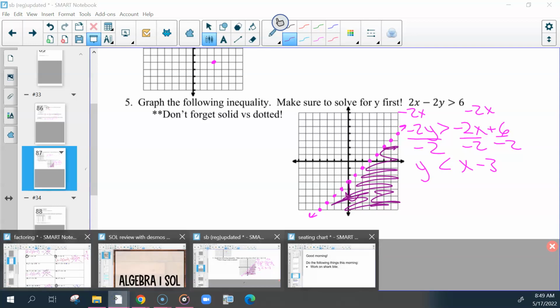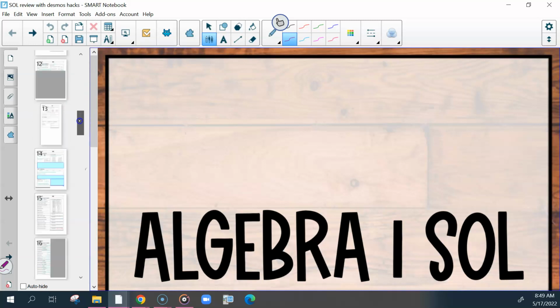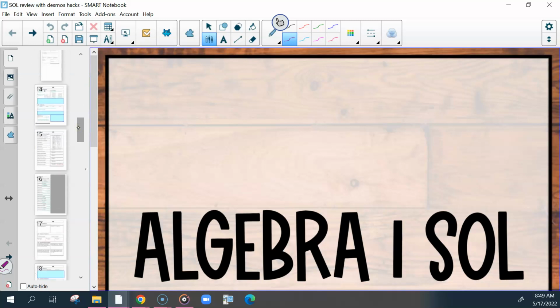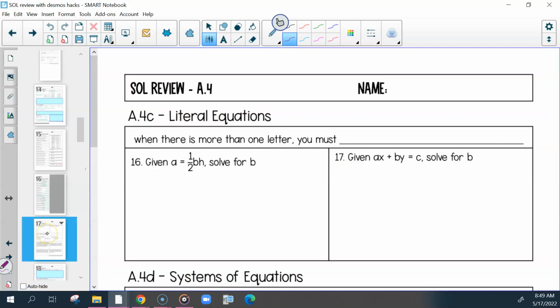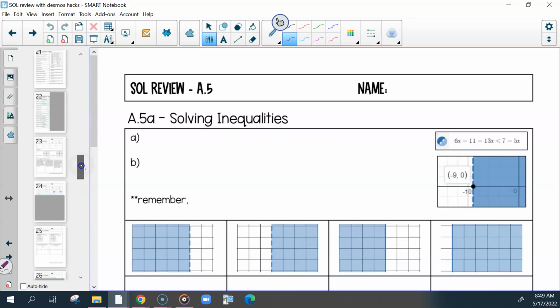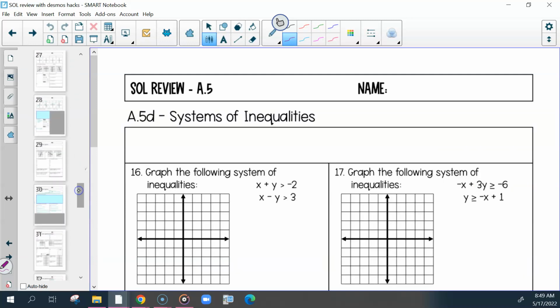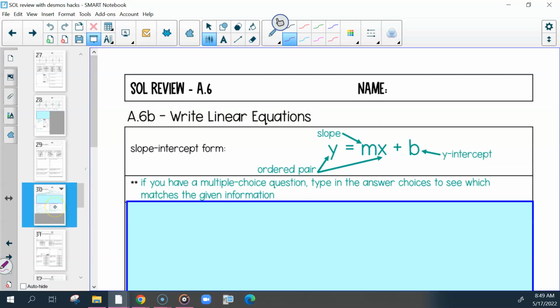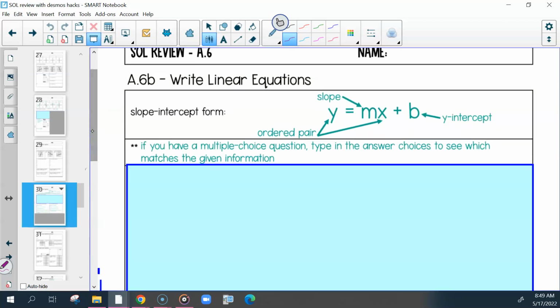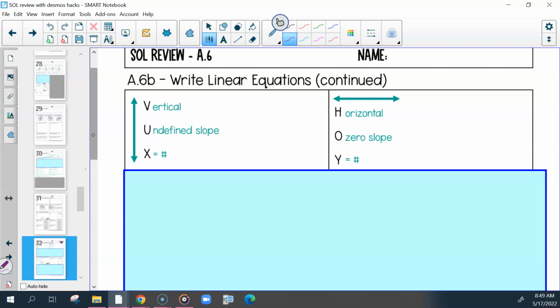Did we have any Desmos or Khan Academy questions before we continue SOL reviewing? You all are in the library unless it's on your device. But yes. Find this page in your SOL review packet.